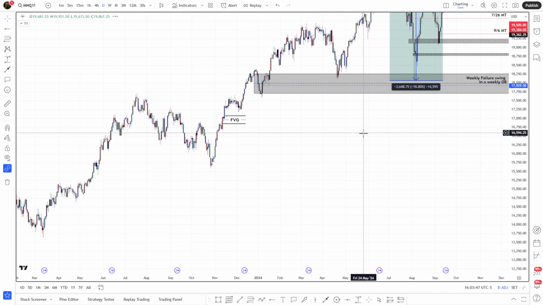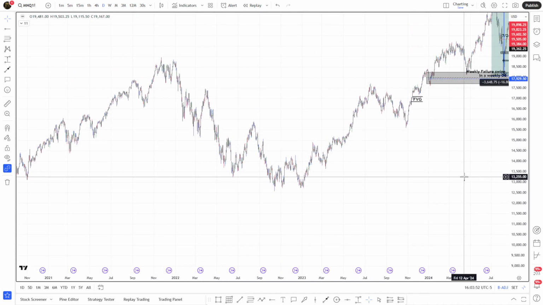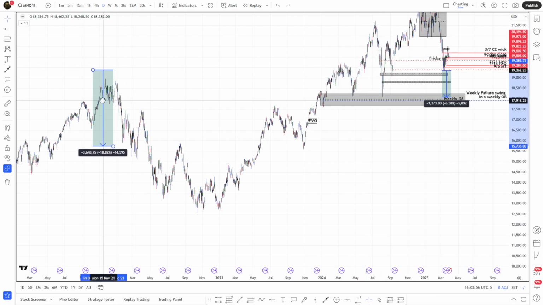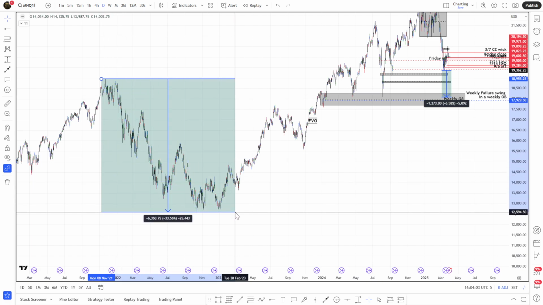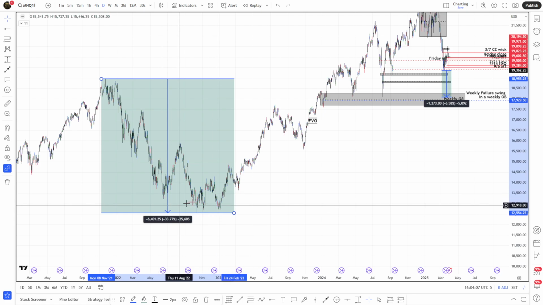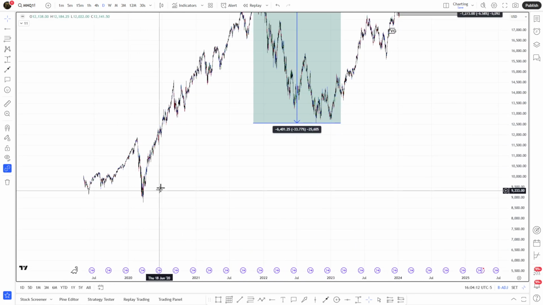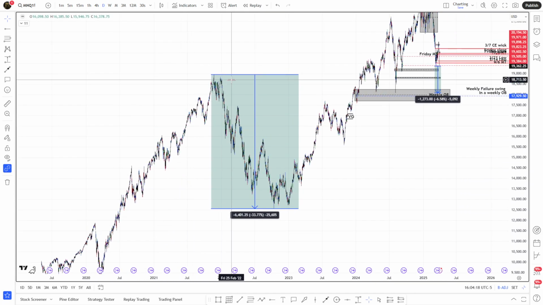So let's see, we go all the way back to COVID highs to the lows. Okay, a 33% retracement. And that was after the COVID crash and then the rally to all-time highs.